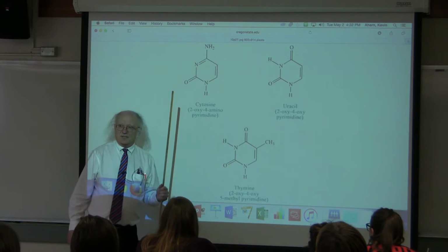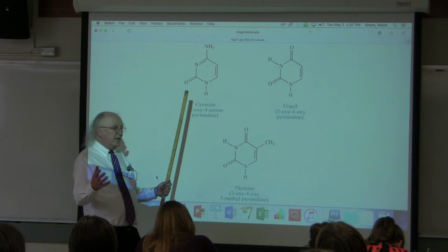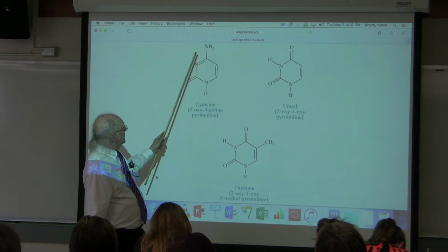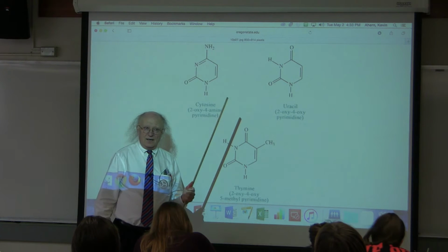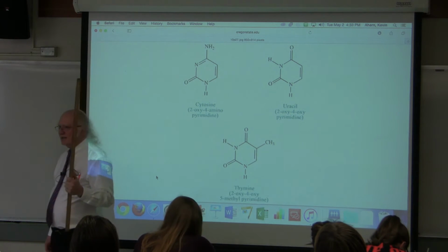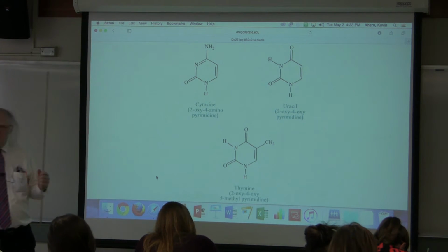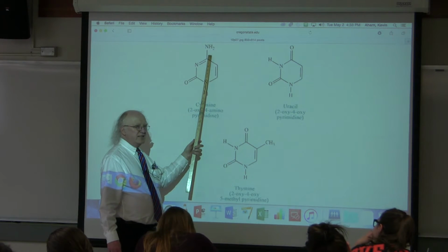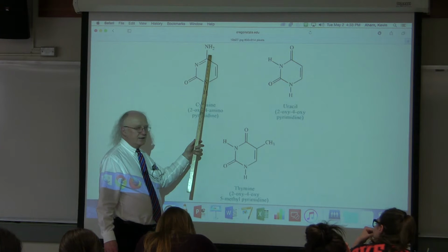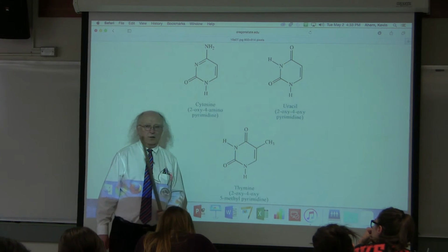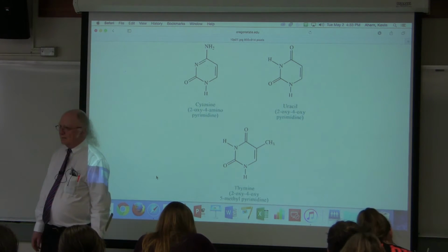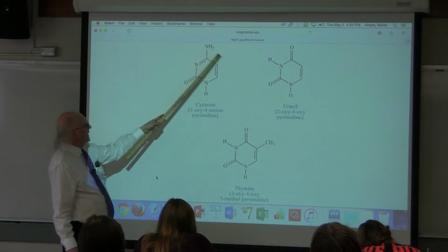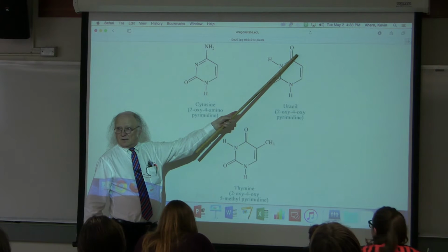Eukaryotic cells methylate their cytosine as a way of controlling the expression of genes, except the problem is that cytosine is chemically unstable. It's the least stable of the bases in DNA. What will it do? It will spontaneously, at a low frequency, go from here to here, losing this and gaining this.